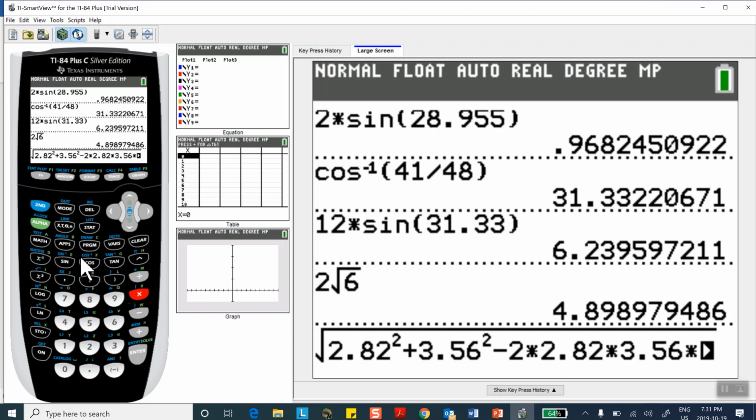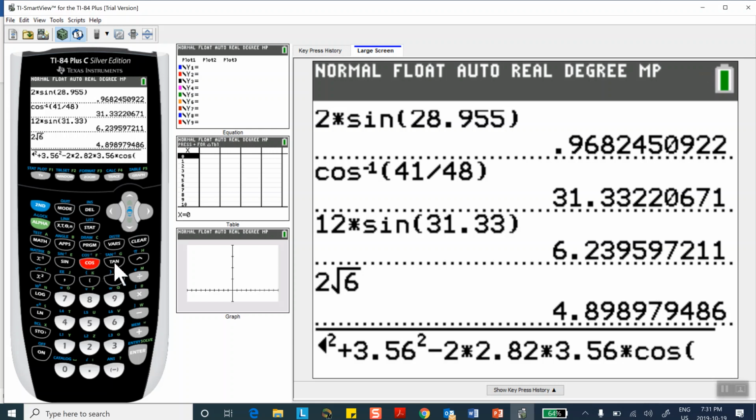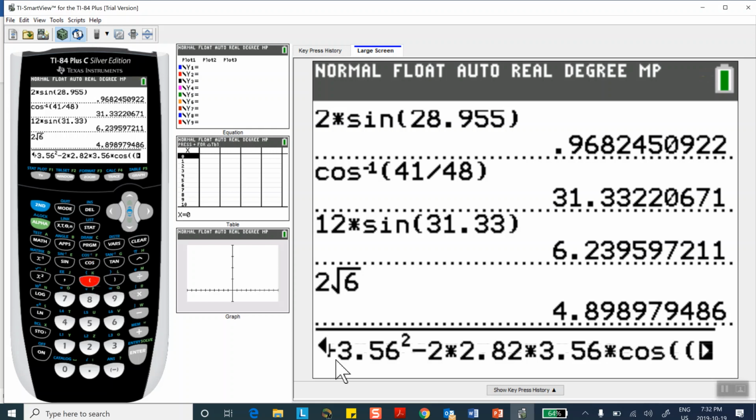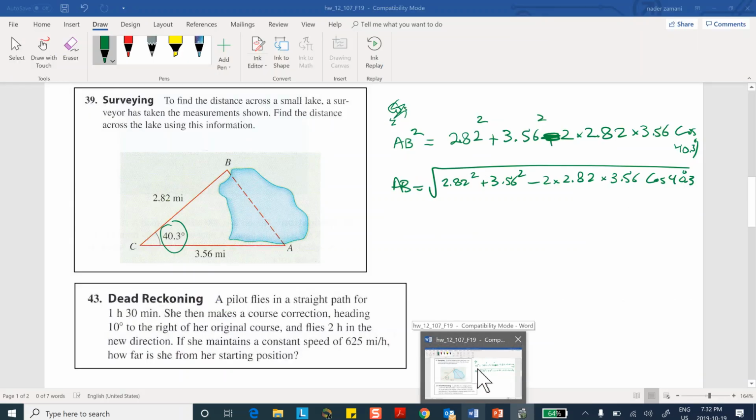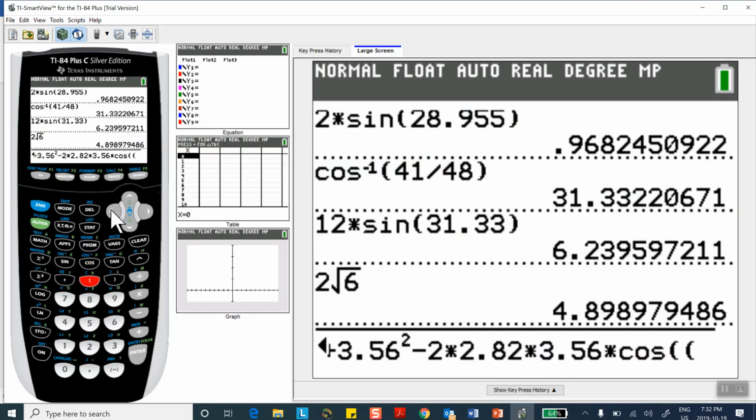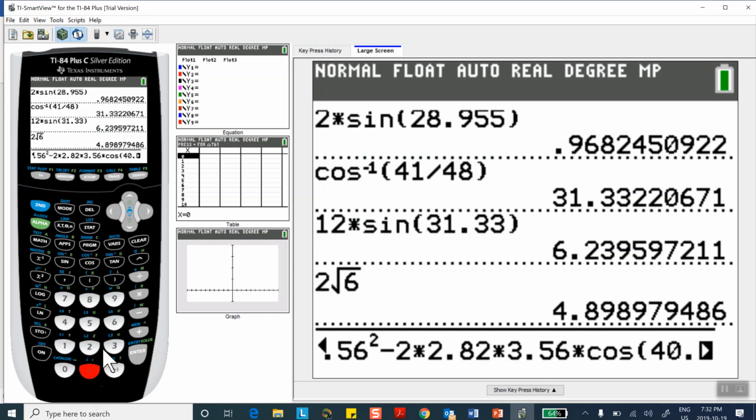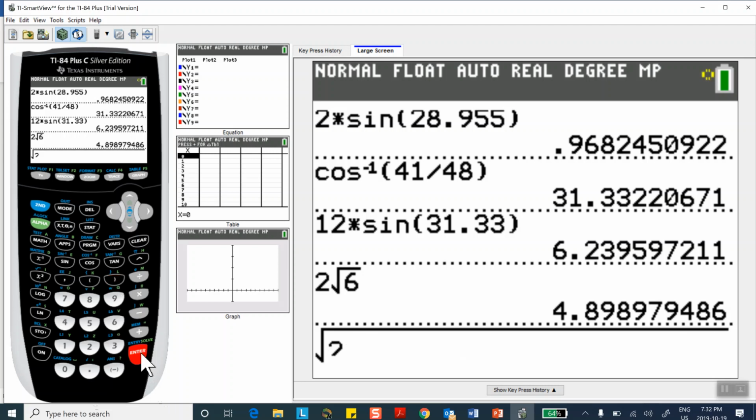times cosine of the angle between them, and that was 40.3, is that correct? 40.3, close the parentheses, and enter.